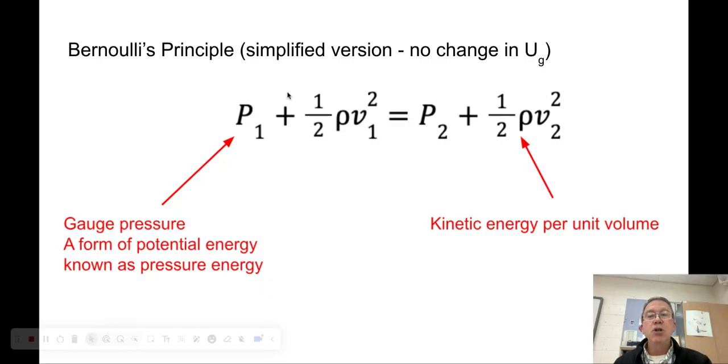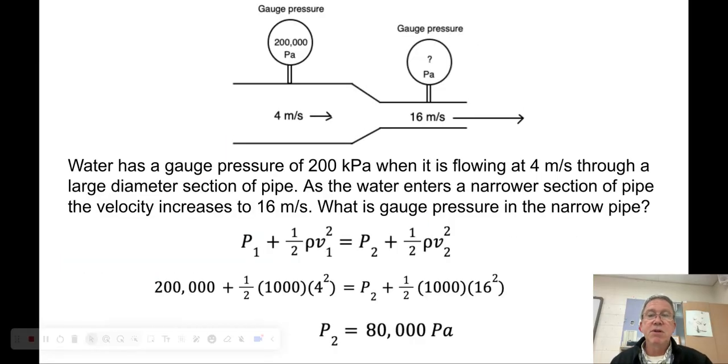But our U, in this case, is gauge pressure, which is also pressure energy per unit volume. This is my initial kinetic energy per unit volume. And so what I have before is what I have afterwards. It's just a statement of energy conservation, assuming that there is no friction in the system or compression happening, so that the total mechanical energy of this fluid system remains constant. It's just another statement of something we've been working with all year.